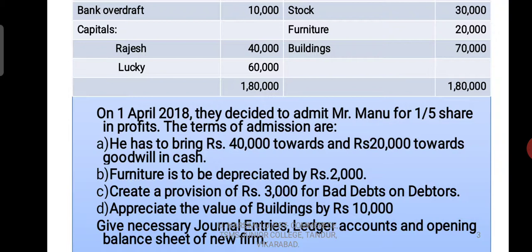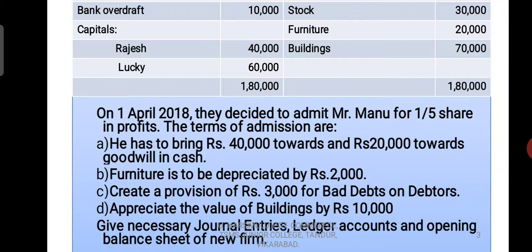Next point you see. We also have to observe one important point, what actually we are asked to do in this problem. See here, last point: give necessary journal entries, ledger accounts and opening balance sheet of the new firm. Here, necessary journal entries, we are not asked to write many journal entries.